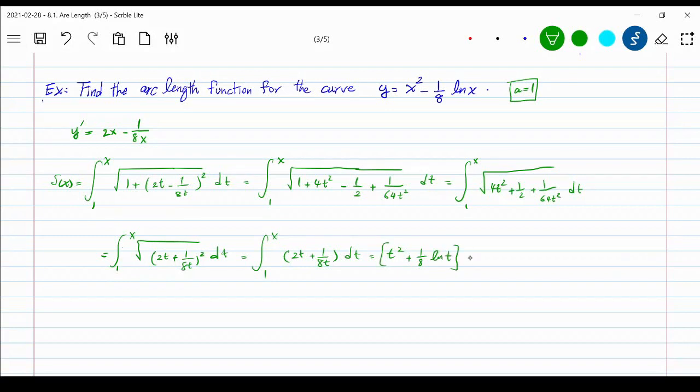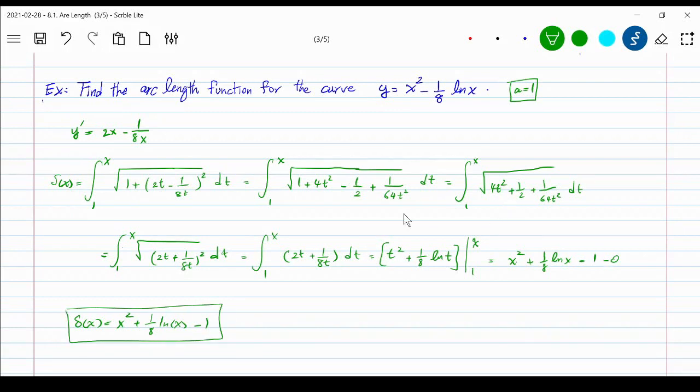If we evaluate from 1 to x, we get x squared plus 1/8 ln x, and if you replace with 1, it would be minus 1. ln of 1 is simply 0, so minus 0, which basically tells us that s of x is x squared plus 1/8 ln x minus 1. That is the arc length function.